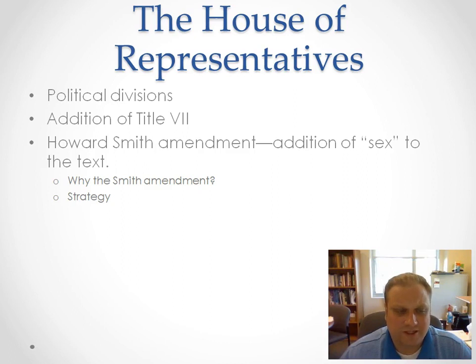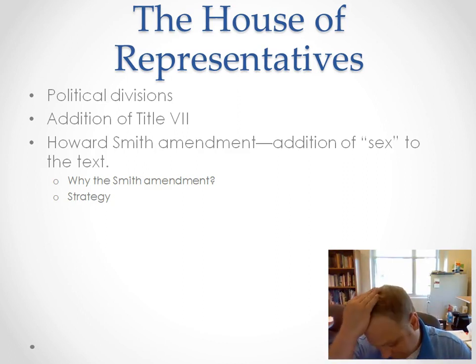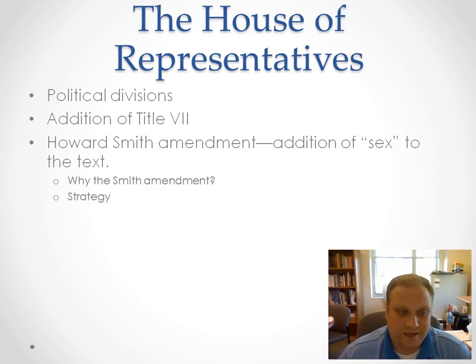So Smith's strategy didn't fully pan out, but he got the word sex added to the bill, and so he couldn't bottle it up in the Rules Committee, but the addition of the word sex would probably generate opposition from enough people so that this would be voted down.